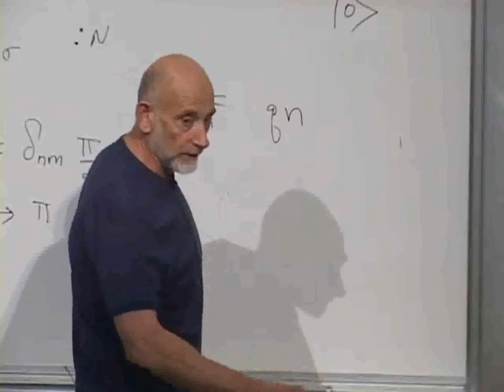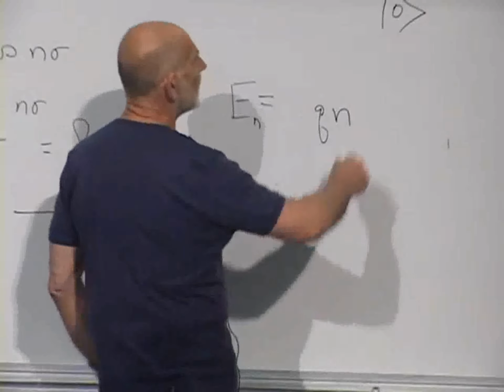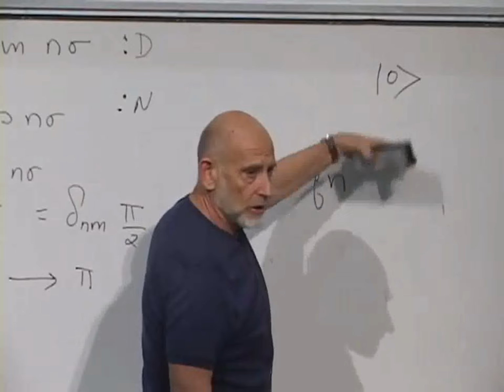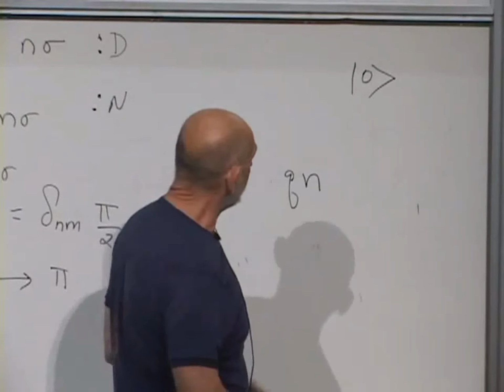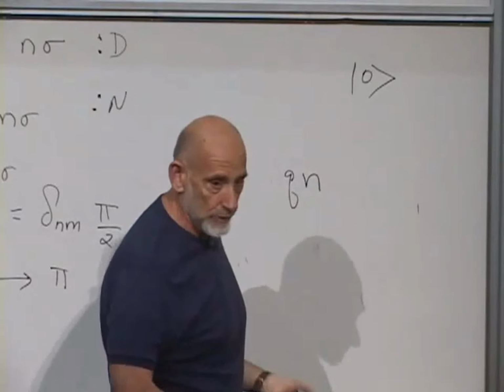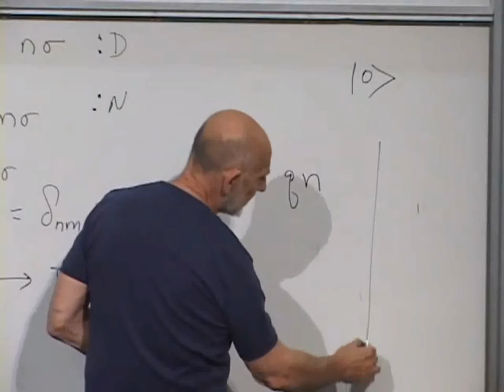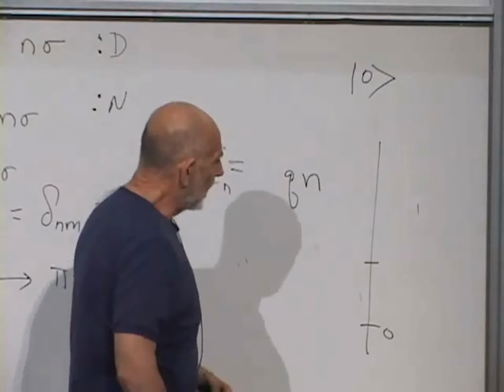It has 1 unit of energy in some units. We haven't specified units yet. So whatever the energy of the ground state is, let's not specify it, above it are 2 states.